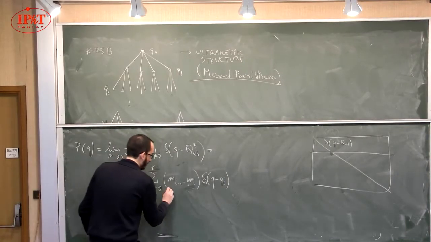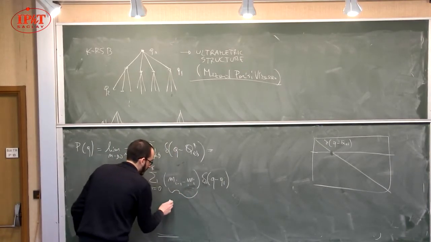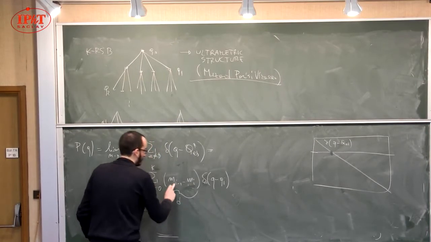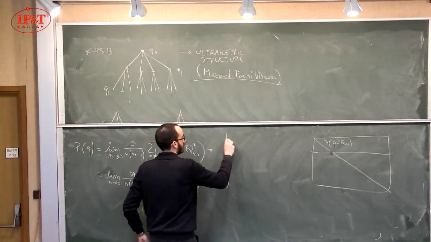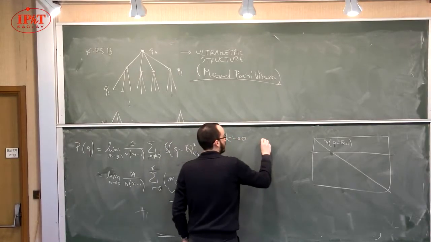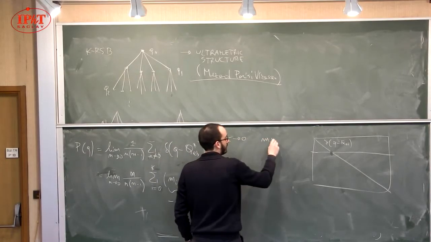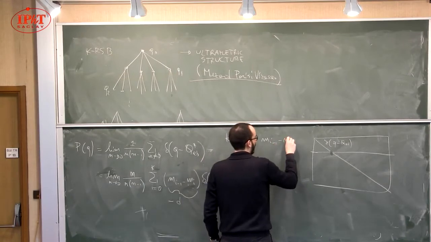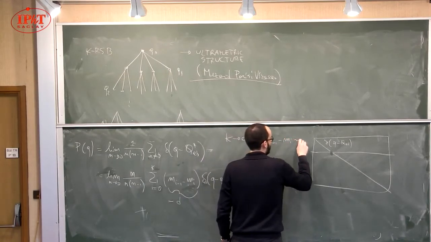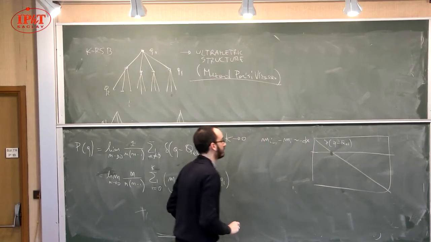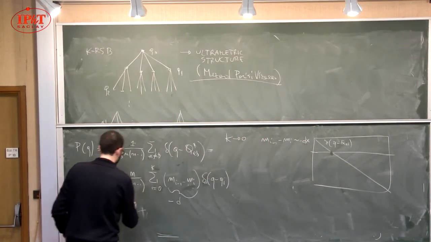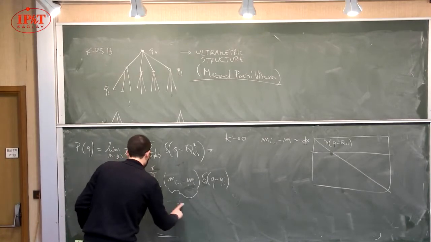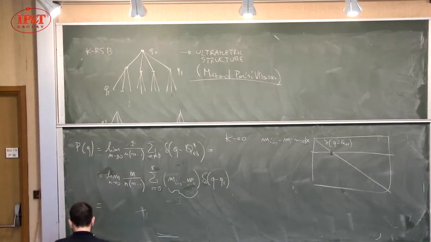And now in the limit when k goes to infinity, this m_{i-1} minus m_i is, let's say, a differential, dx, so they are very close.